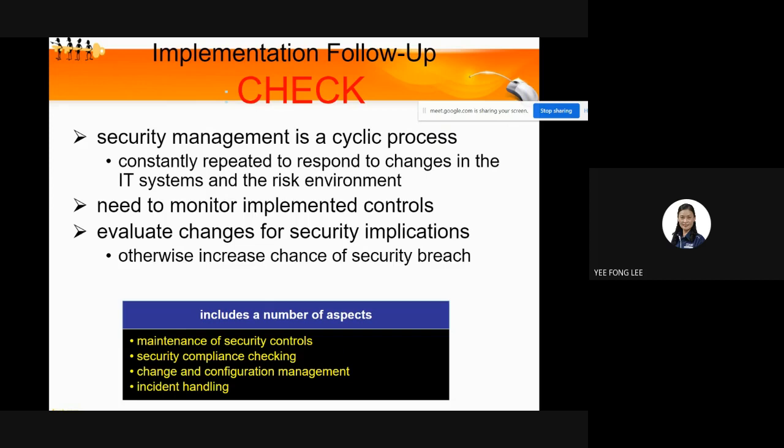As mentioned, this is a cyclic process, so it is constantly repeated based on the response, the changes to the IT system and also the risk environment. The various controls implemented should be monitored to ensure their effectiveness continues.